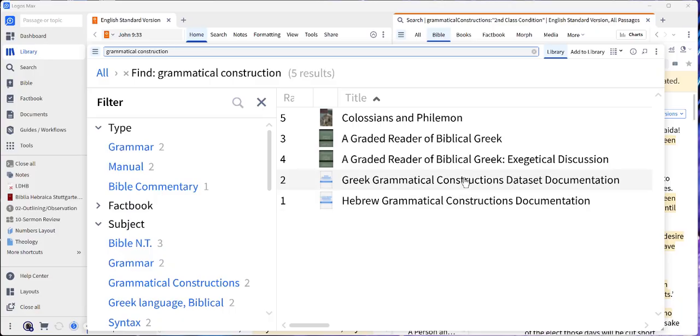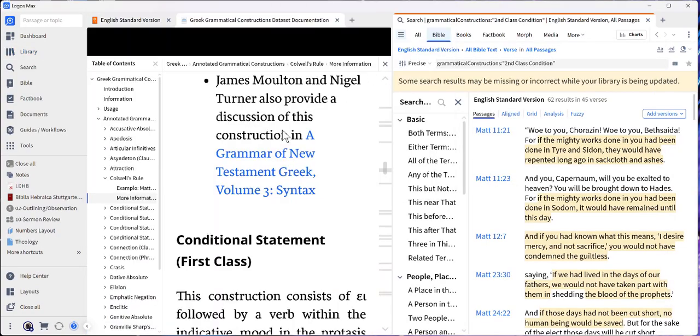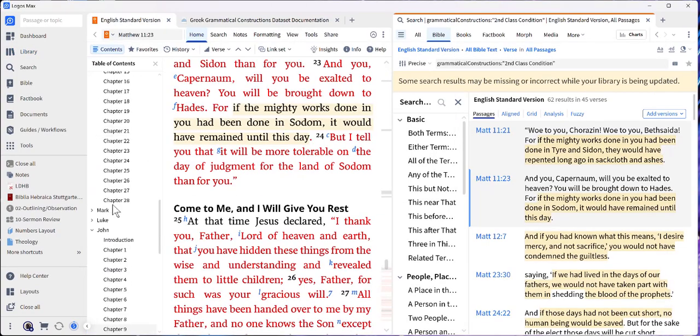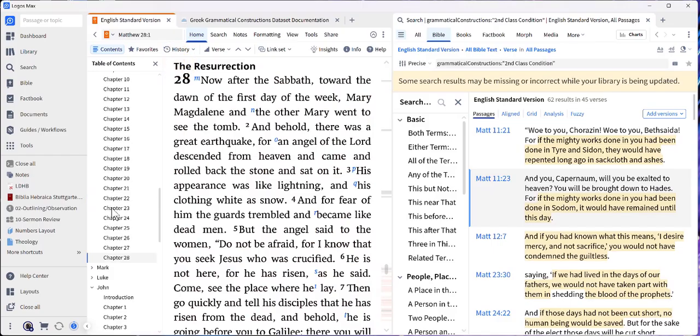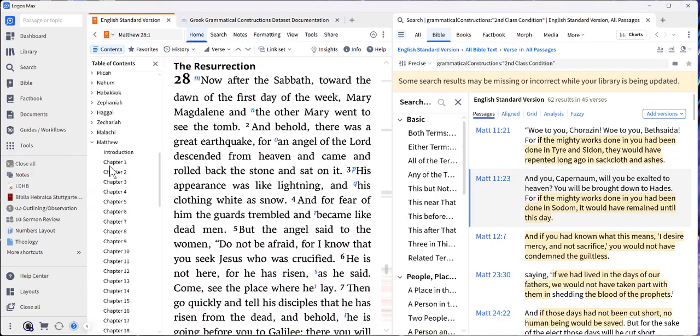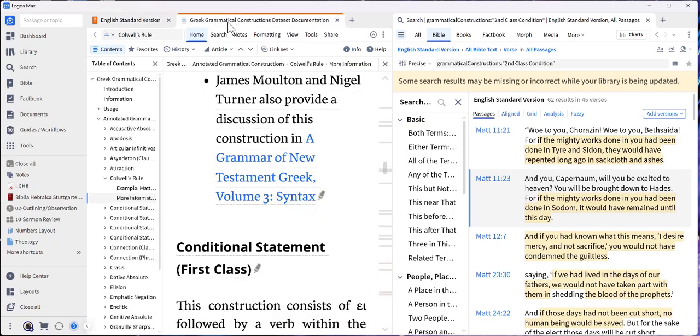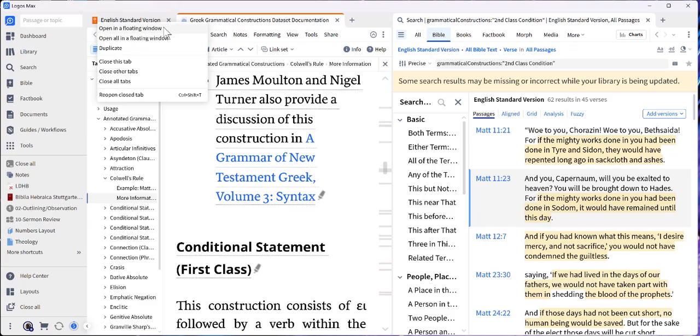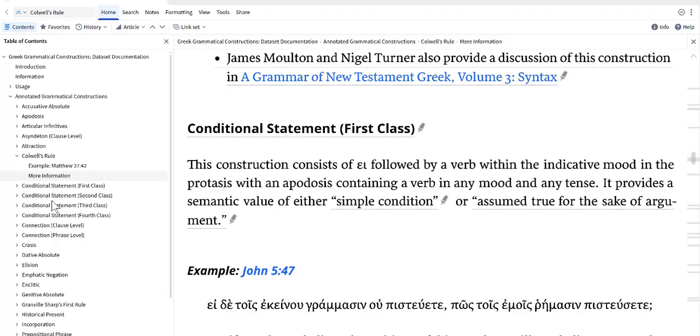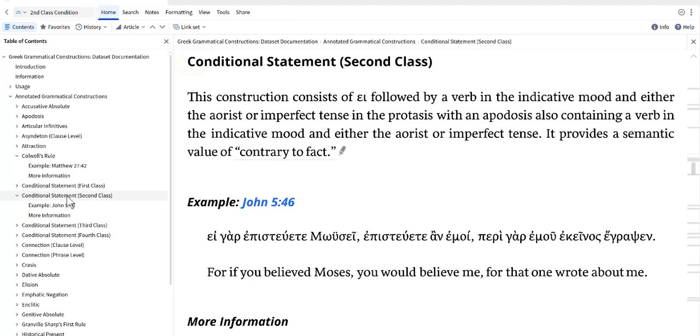So we're going to look at the Greek one. Let's go up here in the floating window so we can see this a whole lot better. So we're going to look at the second class conditional.